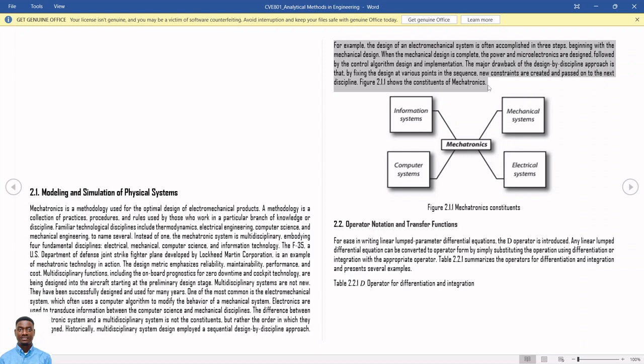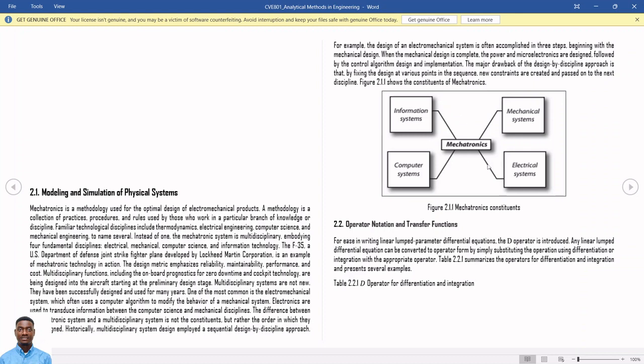So it eliminates such problems that the design by discipline approach is bedeviled with. I've already talked about this mechatronic figure here, which we said consists of the mechanical system, electrical system, information system, and the computer systems.